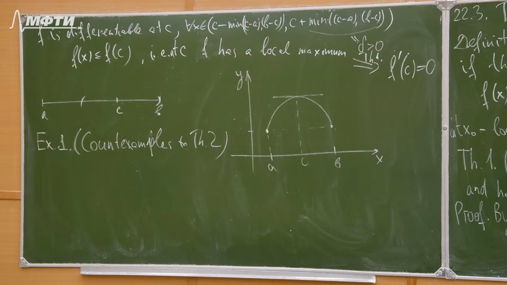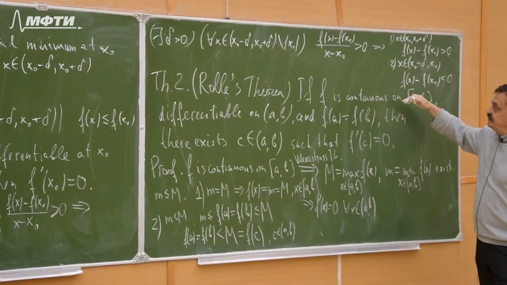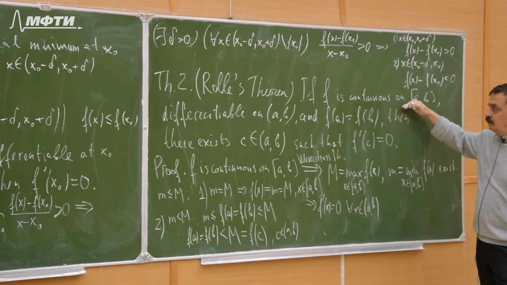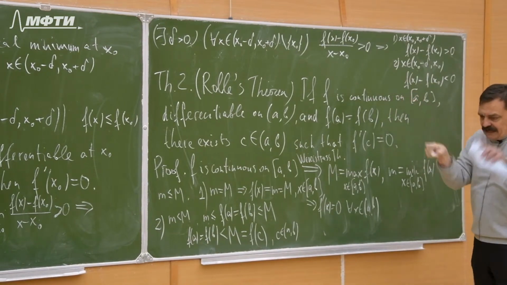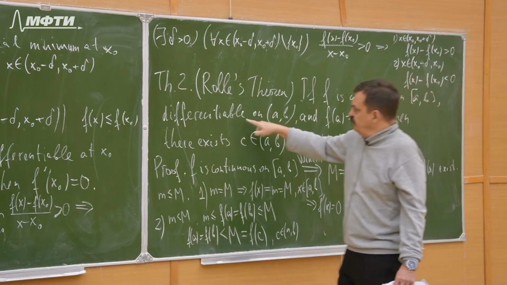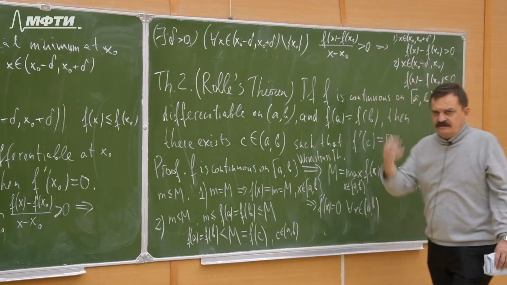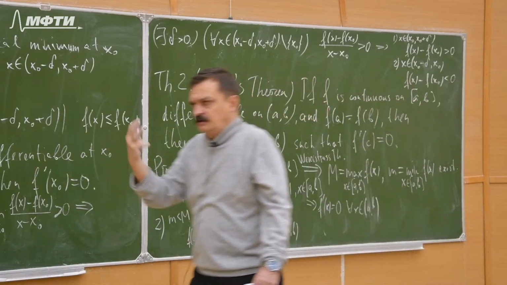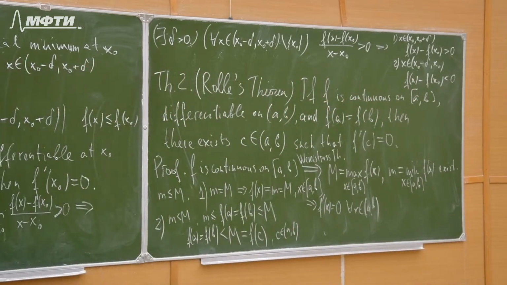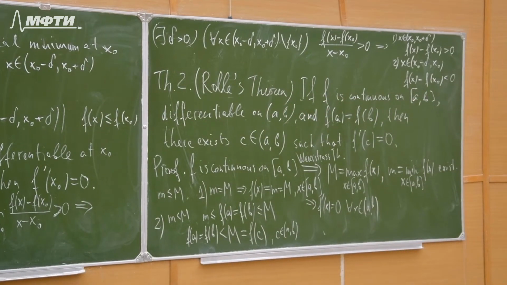Look at Rolle's theorem. We have three conditions: continuity on a segment, differentiability on an interval, and f of a equals f of b. Three conditions. Each of these three conditions is necessary.